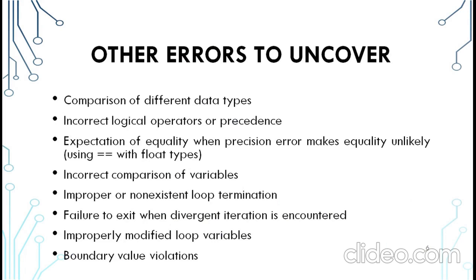Other errors to uncover during unit testing: comparison of different data types, incorrect logical operators or precedence, expectations of equality when precision errors make equality unlikely, incorrect comparison of variables, improper or non-existent loop termination, failure to exit when divergent iteration is encountered, improperly modified loop variables, and boundary value violation.